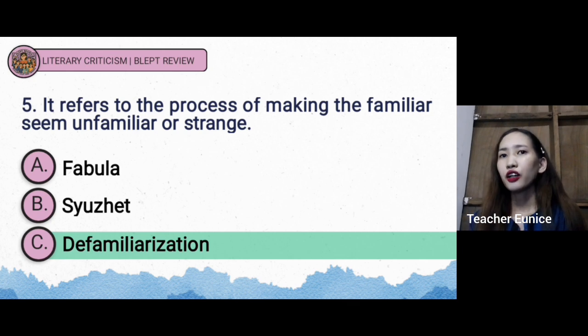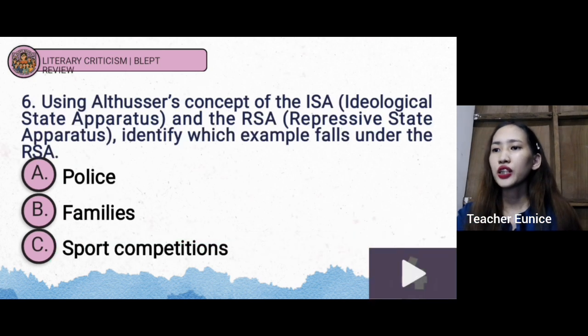On the other hand, fabula refers to the chronological sequence of events in a narrative. And then, syuzhet refers to how the story is narrated to the reader through the use of different literary devices to render the storytelling unique and unfamiliar. So next, question number 6.